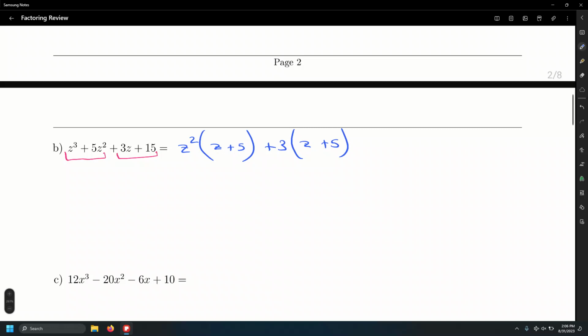Let's factor out that z plus 5 too. I'm going to box it so you can see how this common factor keeps working. That's going to be z plus 5 times the quantity z squared plus 3. That's our final answer.